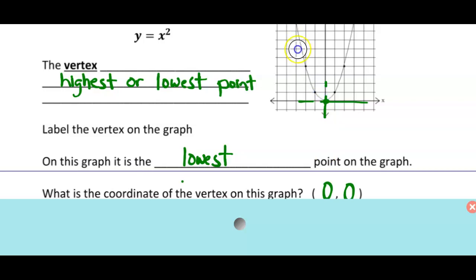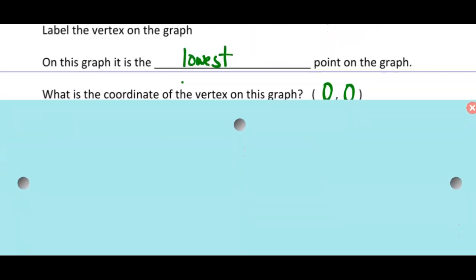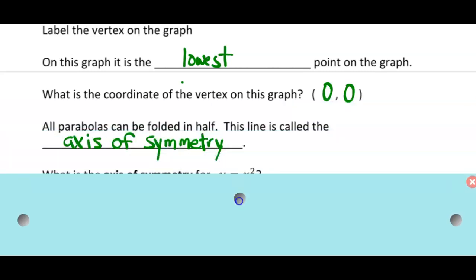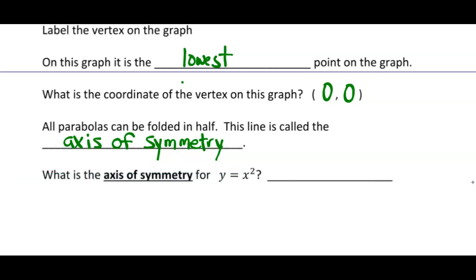If I folded it in half right there, here to here, it would land on itself, and the line that it can be folded in half on is called the axis of symmetry. In this case, my axis of symmetry is at x equals 0. It's always going to be an x value, and it's always going to be whatever my x value in my coordinates for my vertex is.